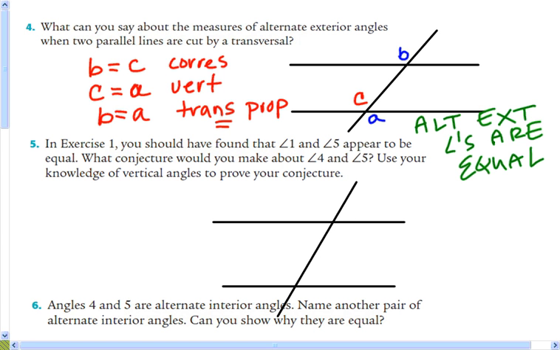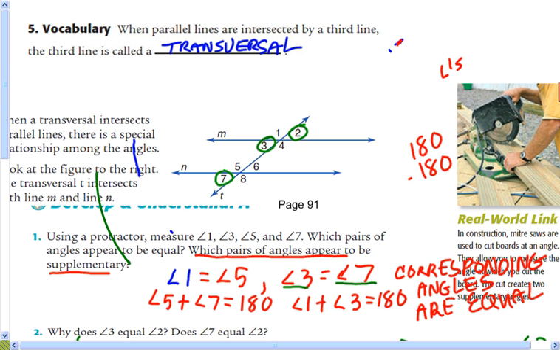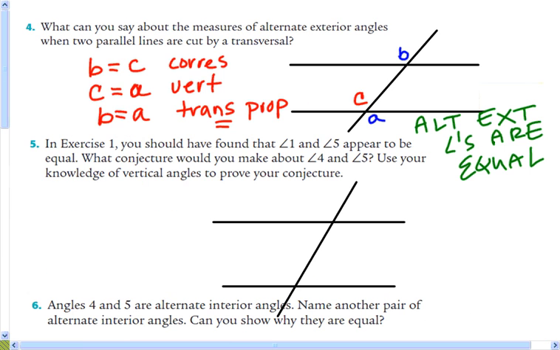If I go back and look at that original drawing, we need 1 and 5. So 1 and 5 were equal because they are corresponding angles. So what we're wondering about is 4 and 5.